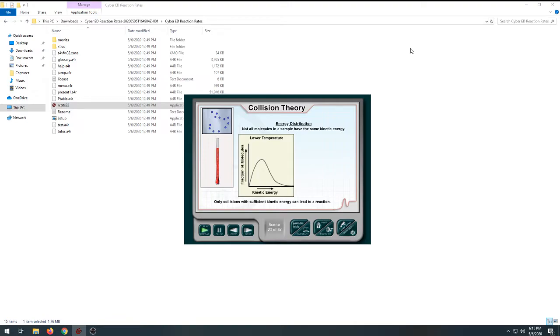The graph on the screen shows the fraction of molecules in a sample plotted against their kinetic energies at a given temperature. Notice that as you move to the right on the graph, kinetic energy increases, so the molecules in this portion of the graph have greater kinetic energy. Observe what happens when the temperature increases by 10 degrees.